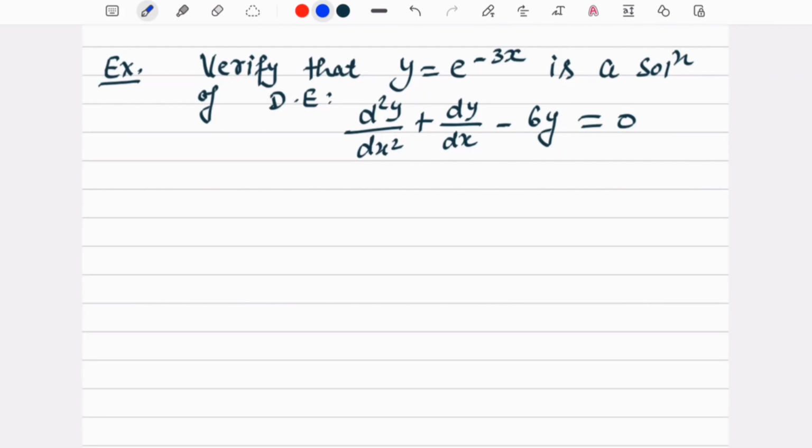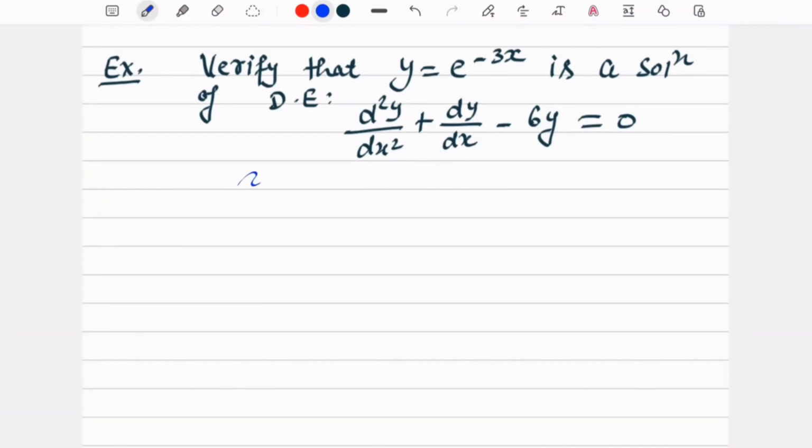But if we have complex functions, then it is a tedious process, so to avoid mistakes we calculate dy by dx and d square y by dx square separately, and then substitute. Are you getting it? Yes sir. So for simple functions we use the first method, and for complex ones the second method.